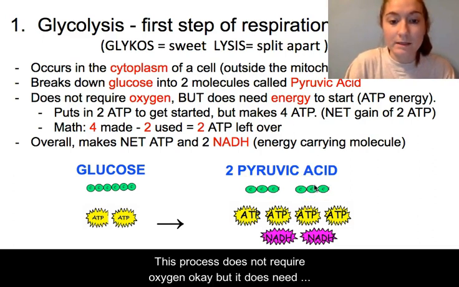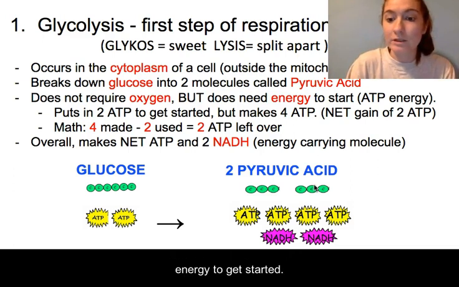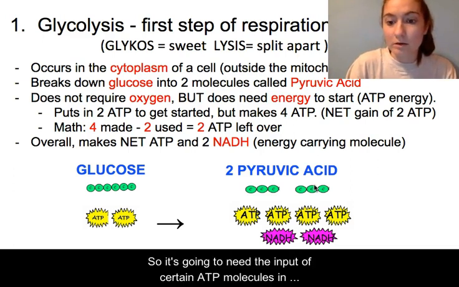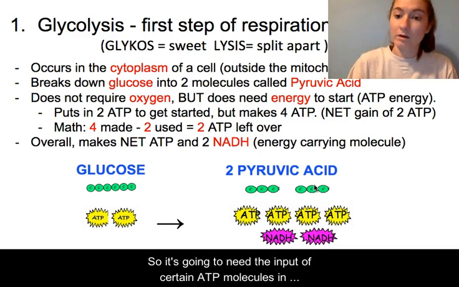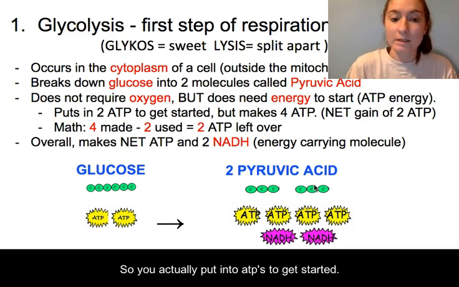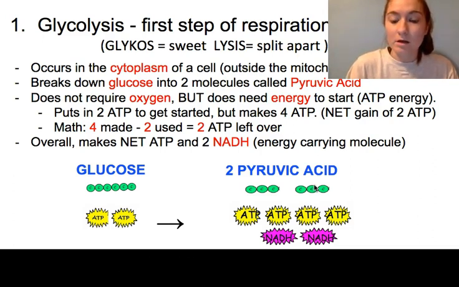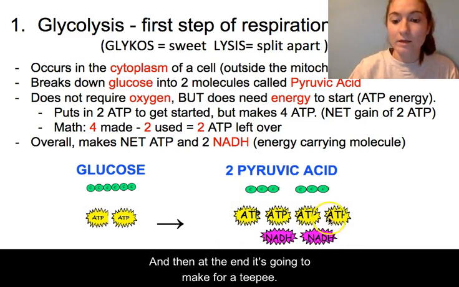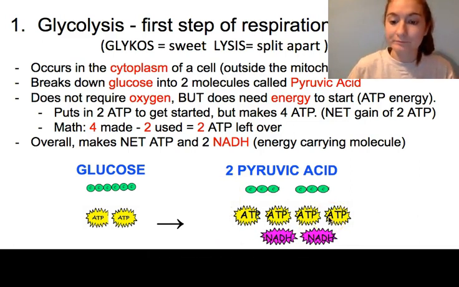This process does not require oxygen, but it does need energy to get started. It needs the input of certain ATP molecules in order to begin. So you put in 2 ATPs to get started, and then at the end it's going to make 4 ATP.